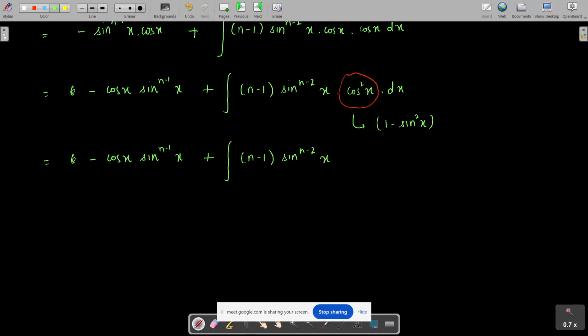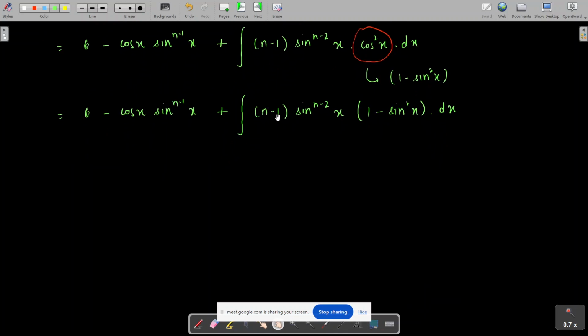Now if you see, this n minus 1 is actually a constant, because n is going to be an integer.